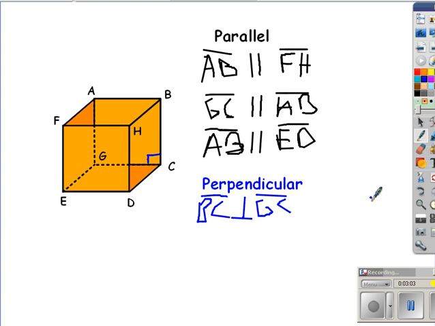Well, BC is perpendicular to a couple different ones. BC ends up being perpendicular to BA. There's my 90 degrees there. So BA ends up being perpendicular to BC. Another one is going to be that BC will be perpendicular to DC.